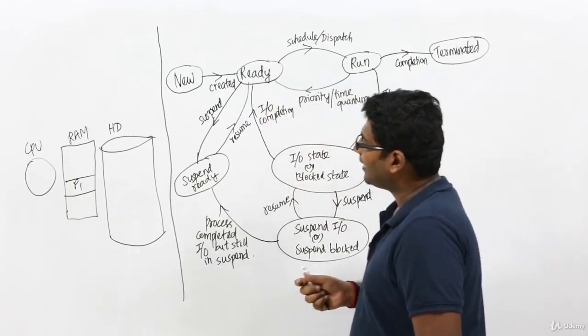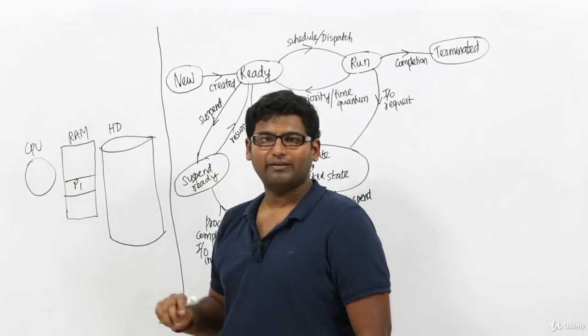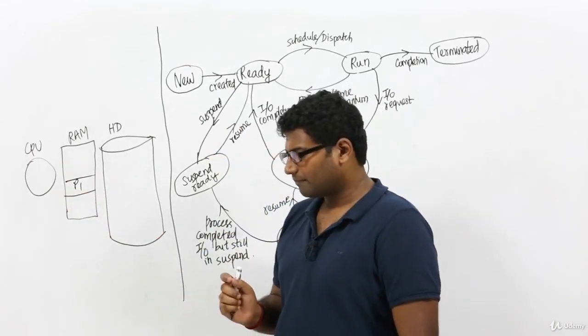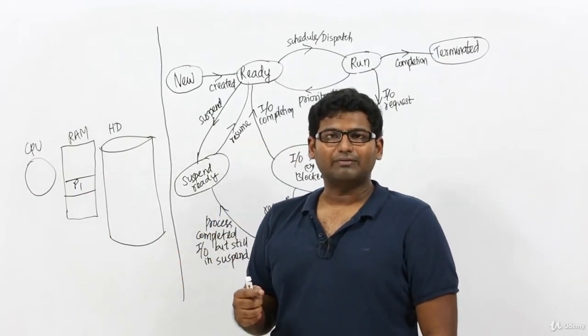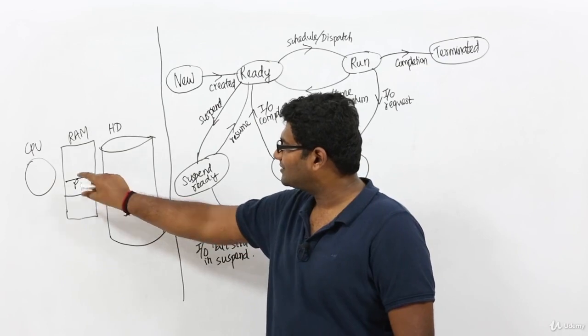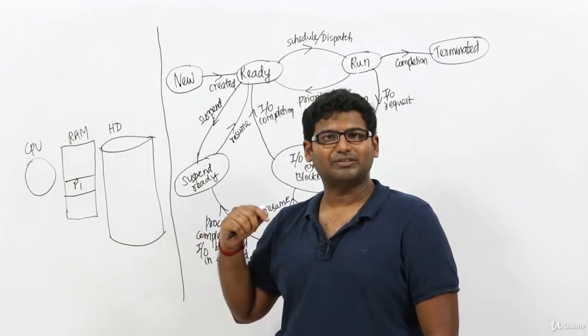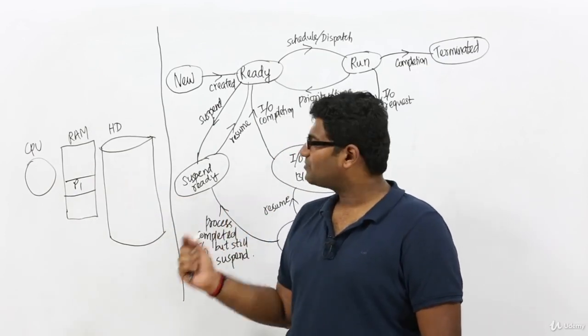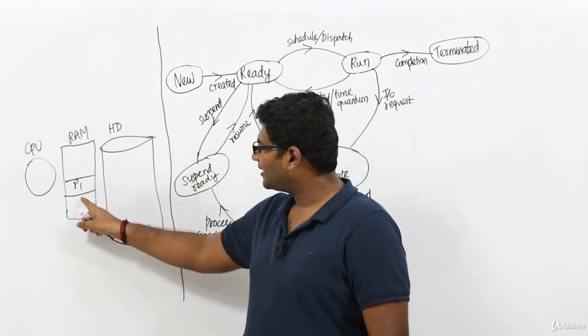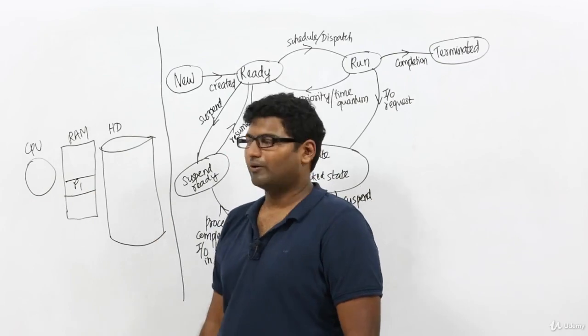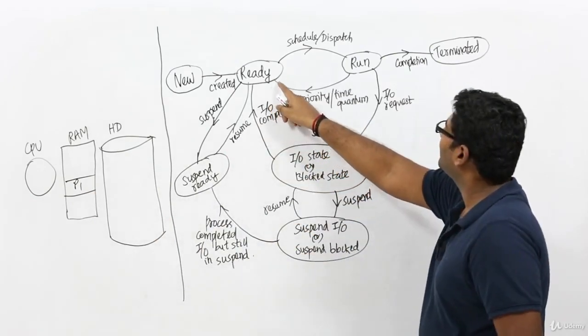Why can it not go directly from ready state to IO state? Before going to IO state, it has to be decided whether this process needs IO or not, which is decided by our CPU. So a process from ready state can only go to running state.